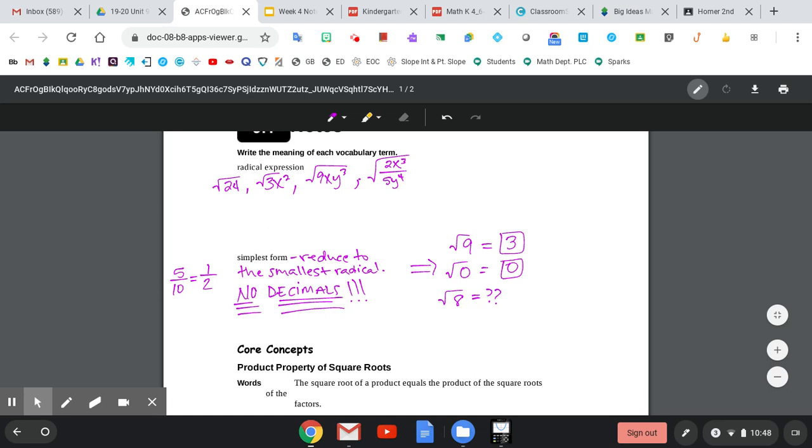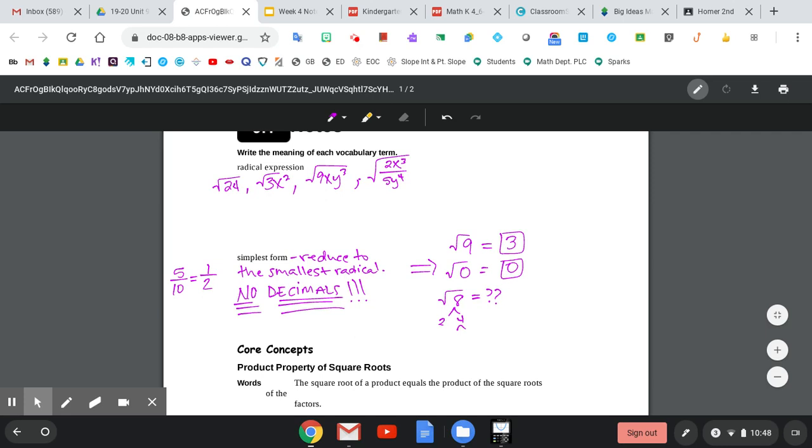So to simplify this, what we're going to do is we're going to break this down into what we call its prime factorization. So starting with this 8, what times what would give me an 8? Good, a 2 times a 4. Can anything multiply to give me a 2 other than 1 times 2? No, that's what prime is. You can't break this down any further without using a 1. Okay, but 4 is not prime.